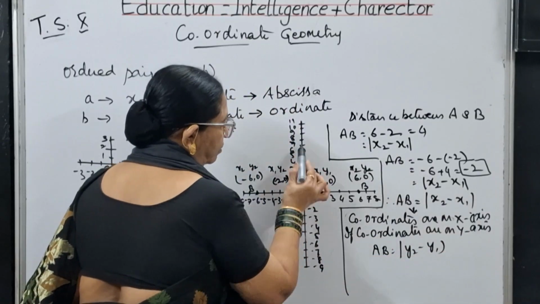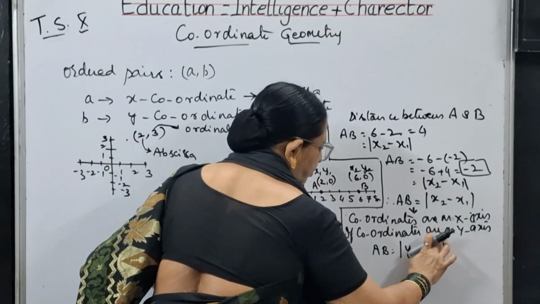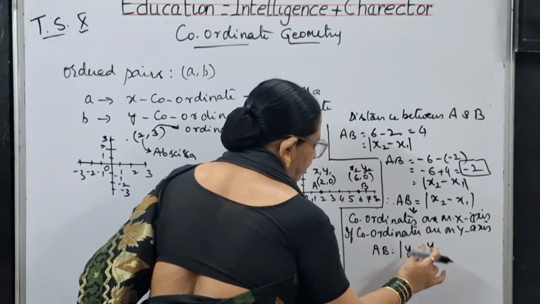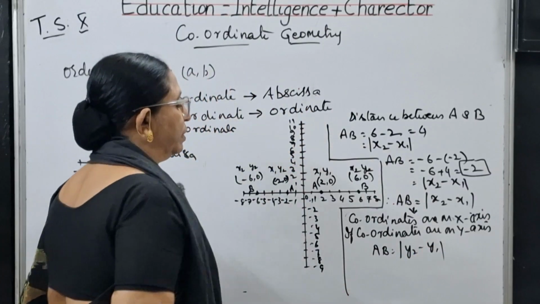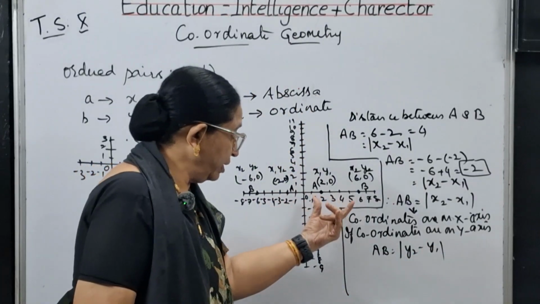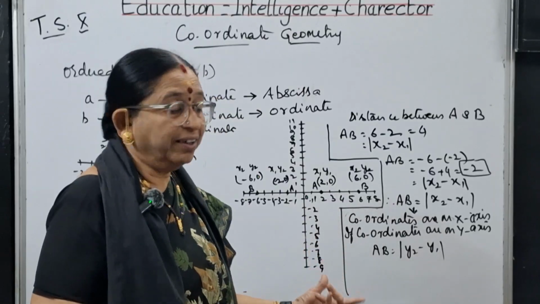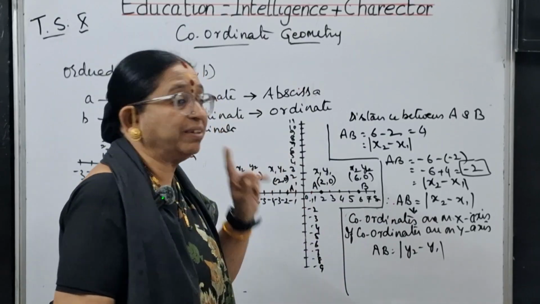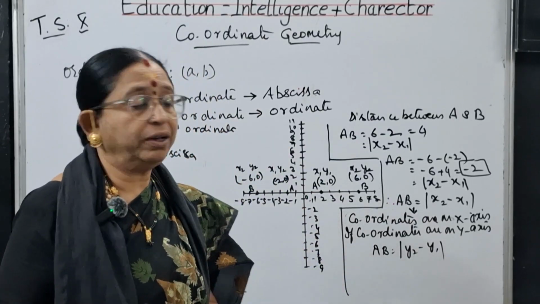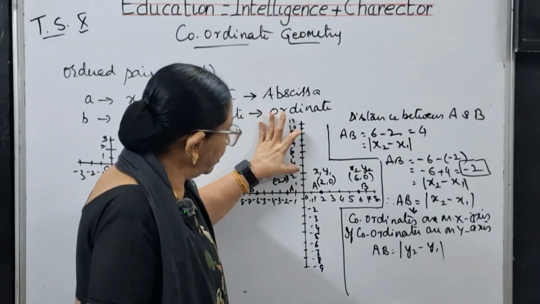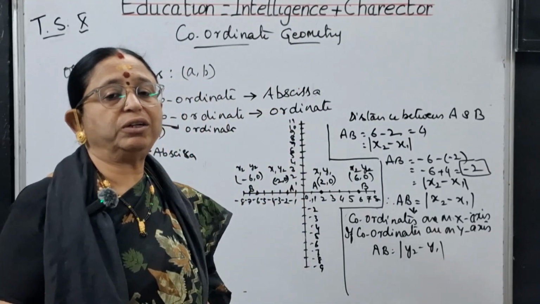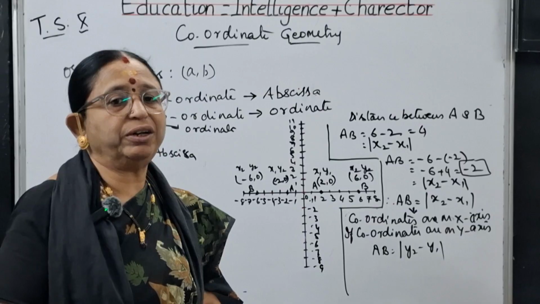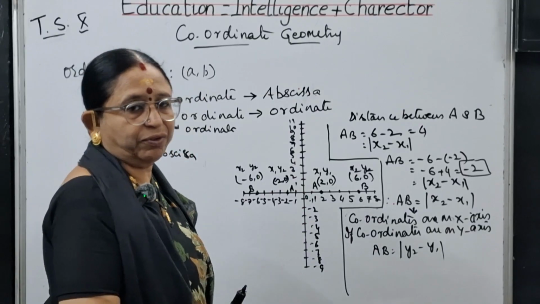If you take points on the y-axis, this is the formula, modulus symbol, not a bracket, modulus. So, if you are having the points on the x-axis, then we will be using modulus x2 minus x1. If the points are given on the y-axis, we are going to use the distance formula as modulus y2 minus y1.